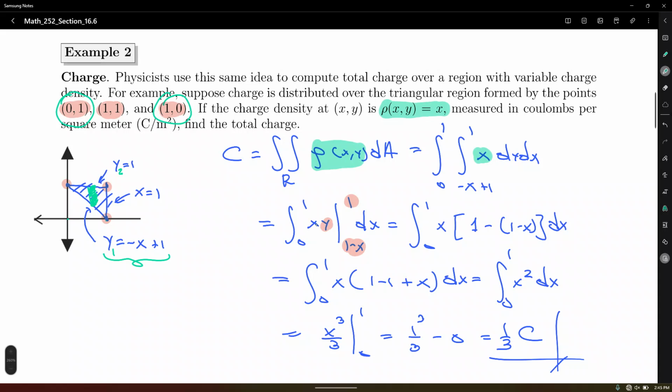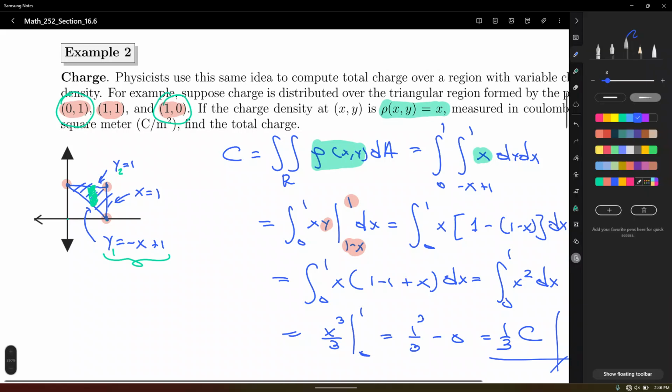Well, that's simply going to give us xy because x is constant with respect to y, right? So integrating between 1 minus x and 1, I wrote instead of negative x plus 1, I wrote it as 1 minus x. It's the same thing, okay? And again, I'm highlighting this limit right here because we integrated with respect to y, x is constant, just to make sure that we substitute the correct limits in the correct variable.